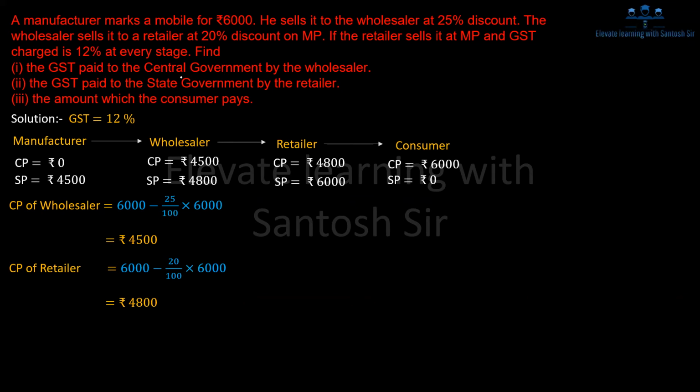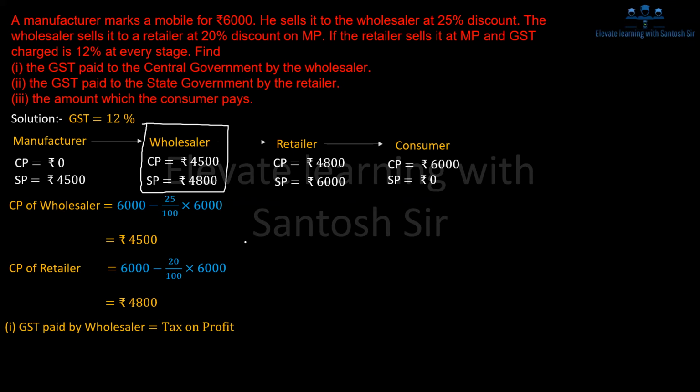The GST paid to the central government by the wholesaler. Let us come to the wholesaler. And GST paid to the government means net GST. We know that net GST is given by tax on profit. What is the profit of wholesaler? It is 300, that is 4800 minus 4500, and the tax is 12%.